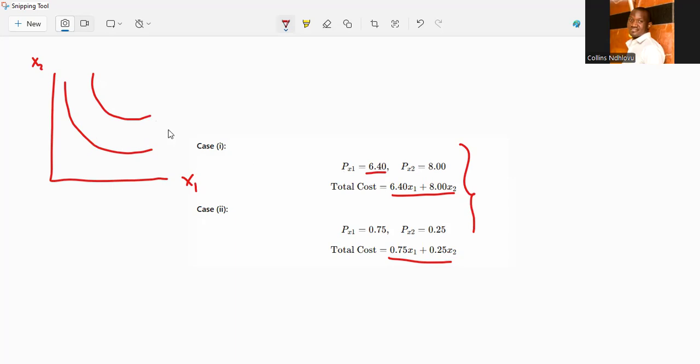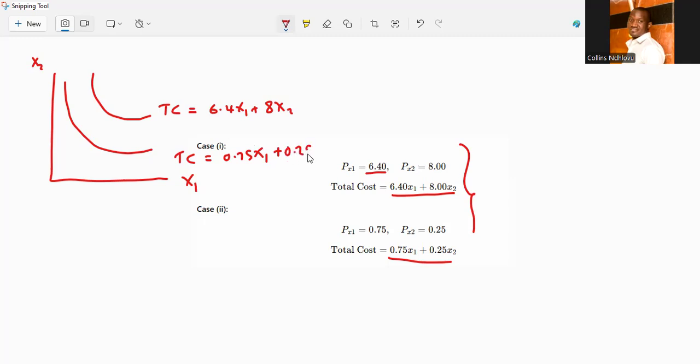Our function for case 1, our total cost here, is 6.4 x1 plus 8 x2. And here our total cost is given by 0.75 x1 plus 0.25 x2.